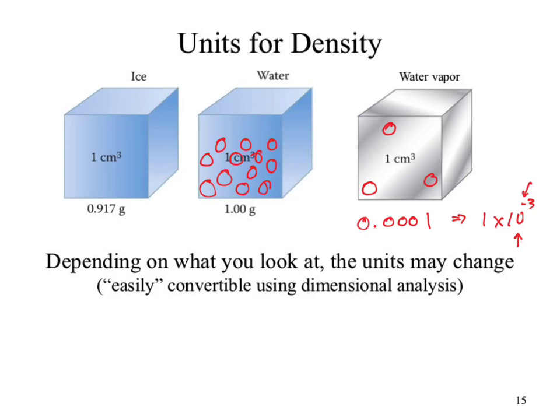Does 10 to the minus 3 mean anything, like a Greek prefix, kind of like milli? So I could convert the unit system from grams per milliliter to milligrams per milliliter. I could change the unit system so that I can scale that number up into something more reasonable for my brain to deal with.